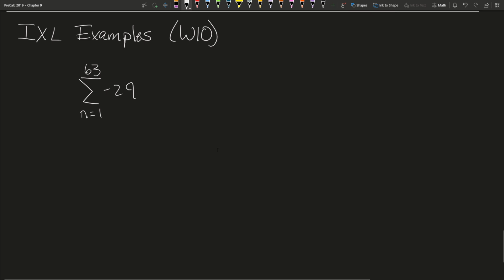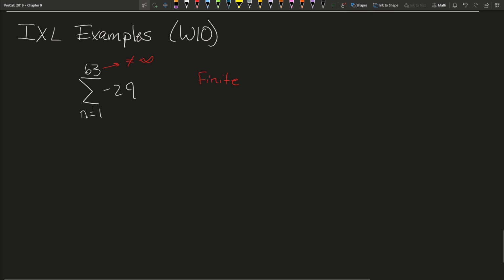All right, so this sequence is by definition finite because this upper limit is not infinity. Okay, so this is a finite sequence. And then it asks how many terms.